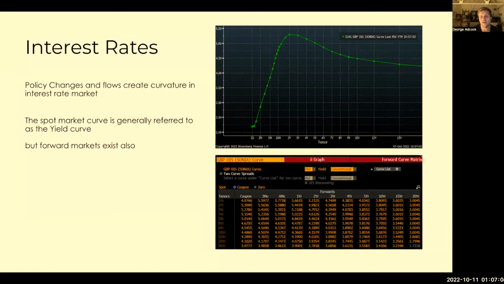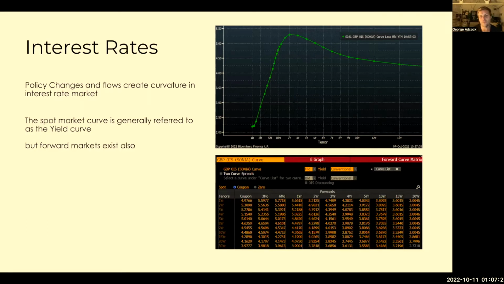The bottom right-hand corner looks at where the market is pricing these particular rates in the future. And it's quite a useful indicator of how people think that policy will move forward.